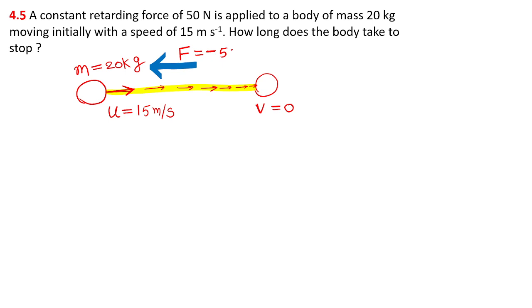Okay, 50 Newton. If you don't put the negative sign, you will get the wrong answer. So the sign convention is very simple. Force, velocity, acceleration, displacement, whatever it is, towards right is always taken as positive, and towards left, all physical quantities are taken as negative.